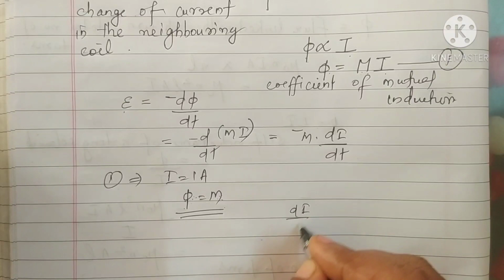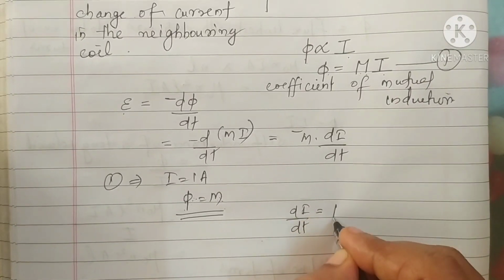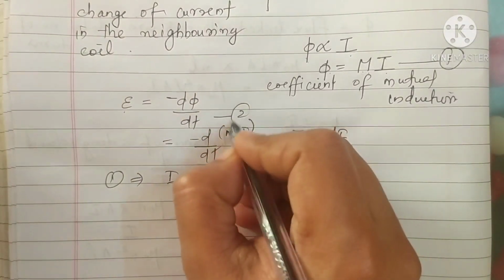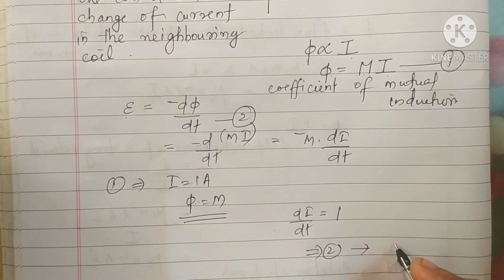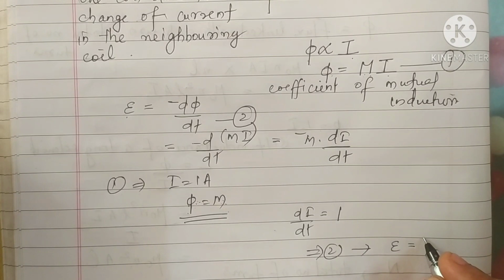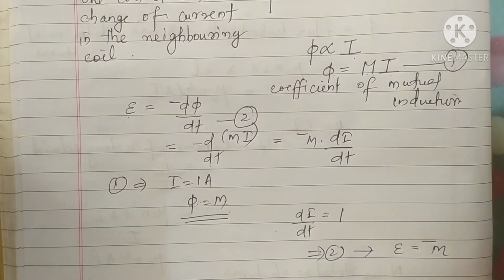Also, if you put dI by dt equal to 1 in equation number 2, it changes to E is equal to minus M, isn't it?